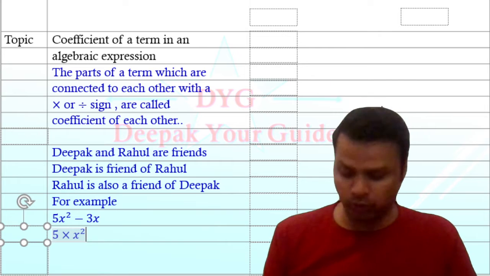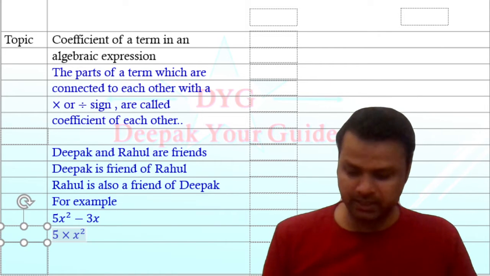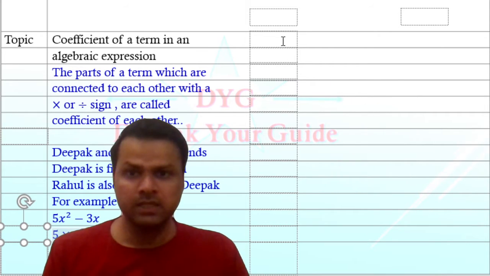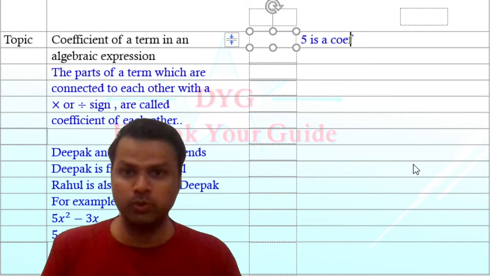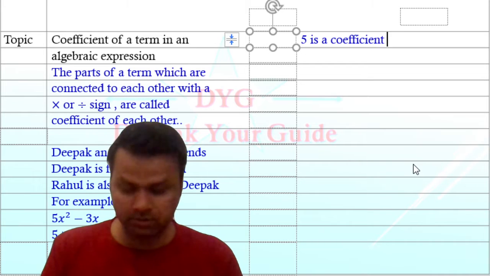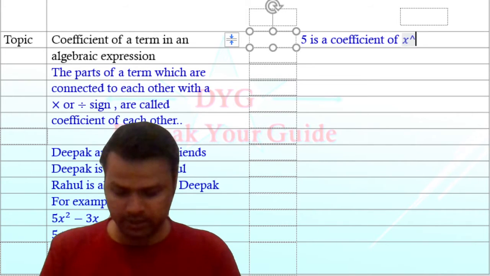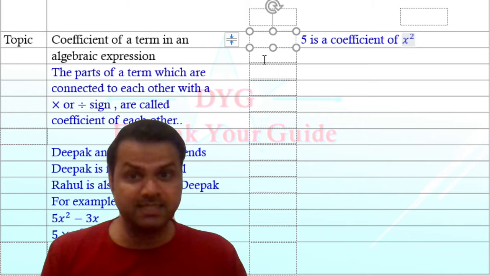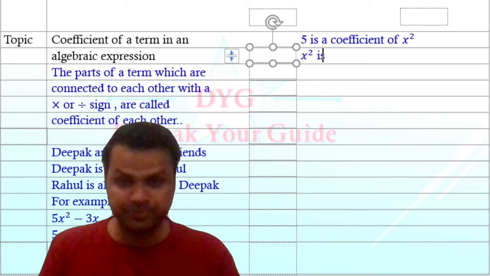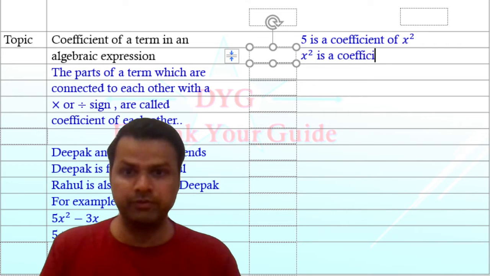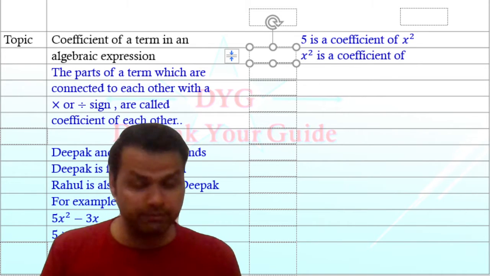So what can I say here? I can say that 5 is a coefficient of x squared. In the same way, I can also say that x squared is a coefficient of 5.